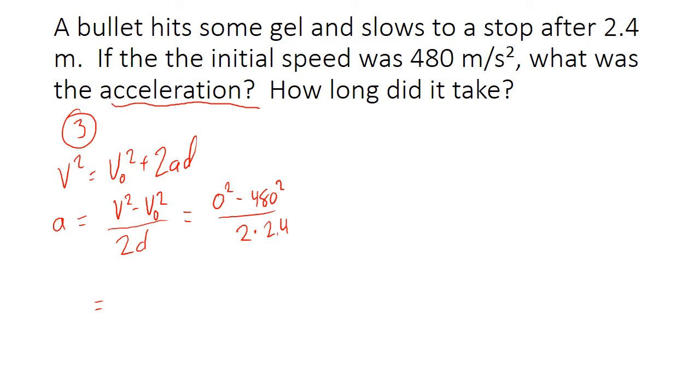Now, you got to be careful when you type it in, right? So 480 squared. When you divide it, you have to use parentheses around the 2 times 2.4 or some other way to work around it, right? You can just type in 4.8, but I don't want to assume that you can multiply stuff like that.